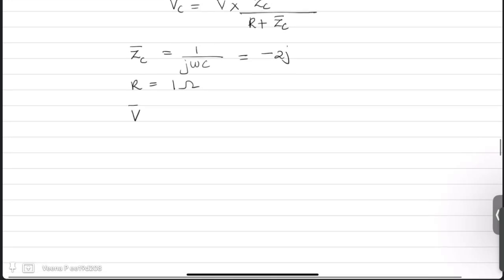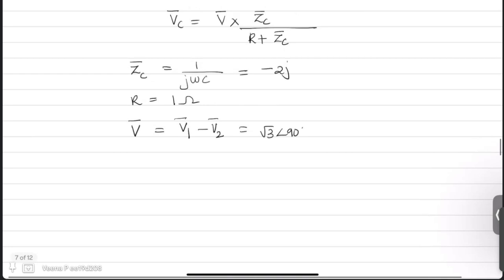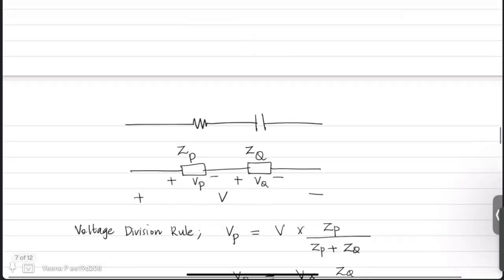Now V we obtained before, which is V1 minus V2, which is root 3 angle 90 degree. It is minus root 3 angle 90.